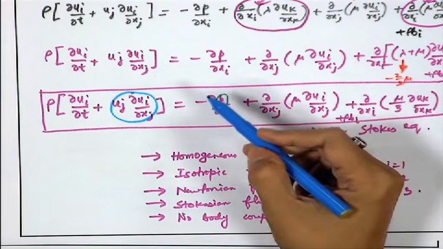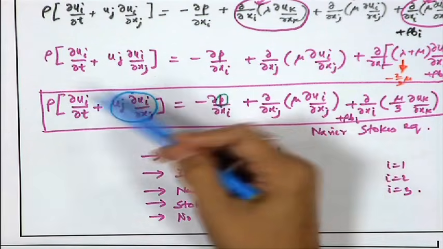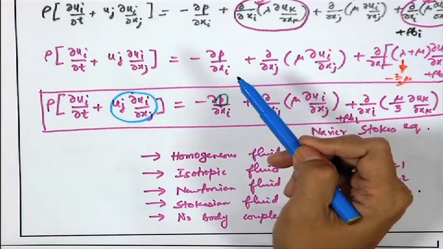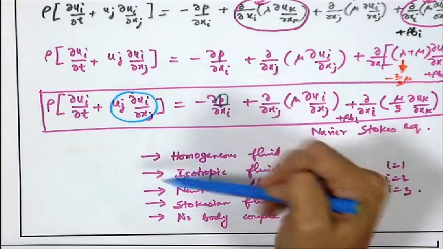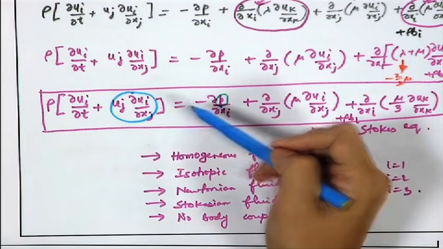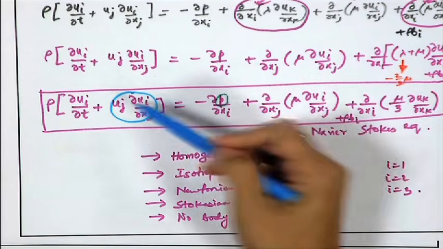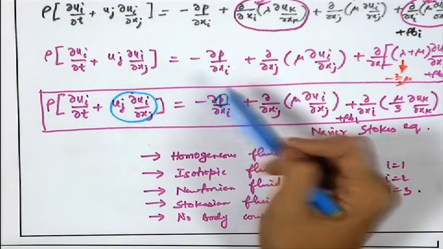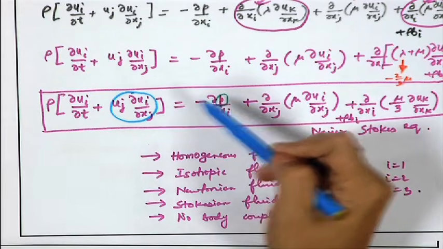So you can have a linear system of equations if the left hand side of the Navier-Stokes equation becomes 0, and we will see in the next lecture that there are certain special cases like fully developed flow and all these we will discuss in the next lecture, when this left hand side of the Navier-Stokes equation becomes 0, and then that equation is called the Stokes equation.